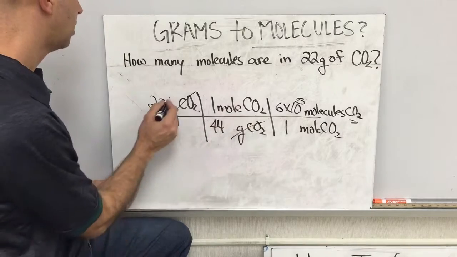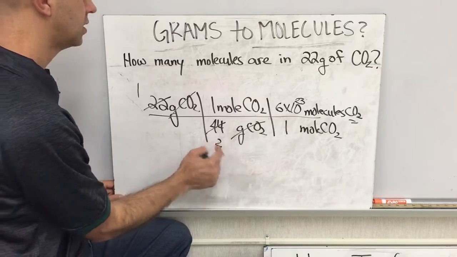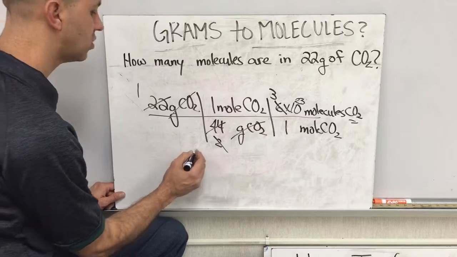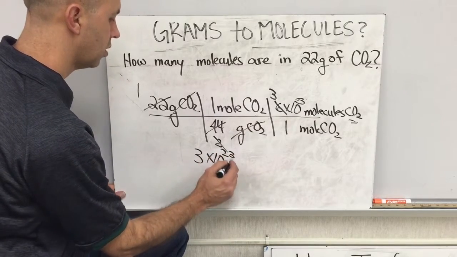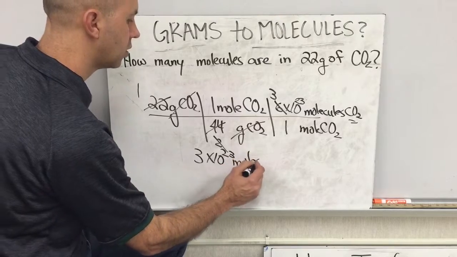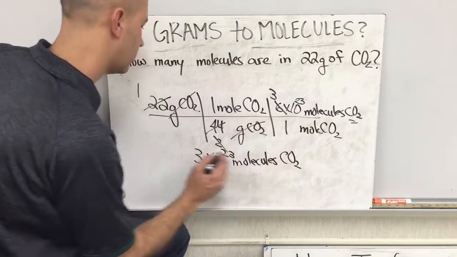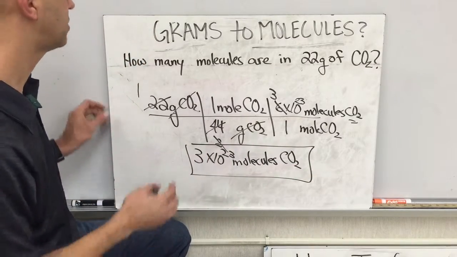Now let's do the math. 22 and 44, that's 1 over 2. 2 and 6 turns into 3. So my answer is 3 times 10 to the 23rd molecules of CO2. There we go. Ta-da! That's pretty awesome.